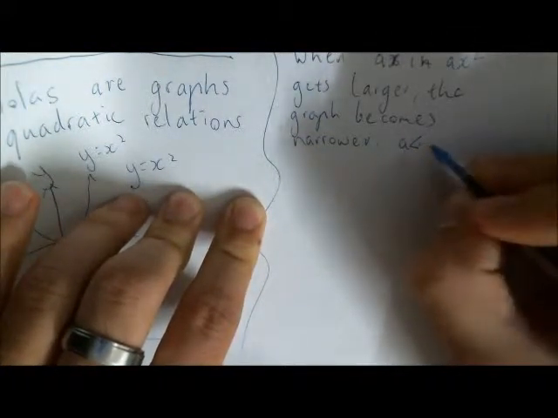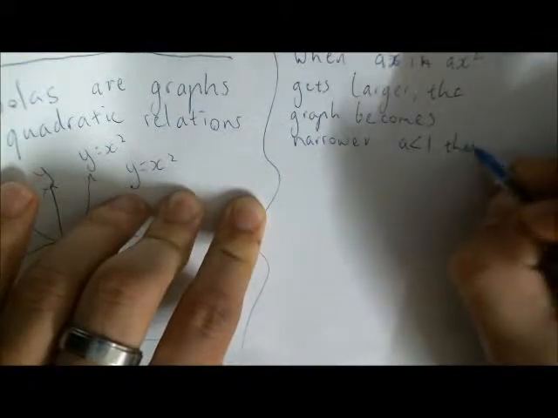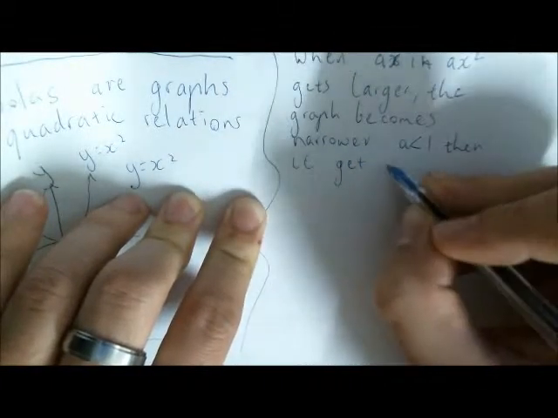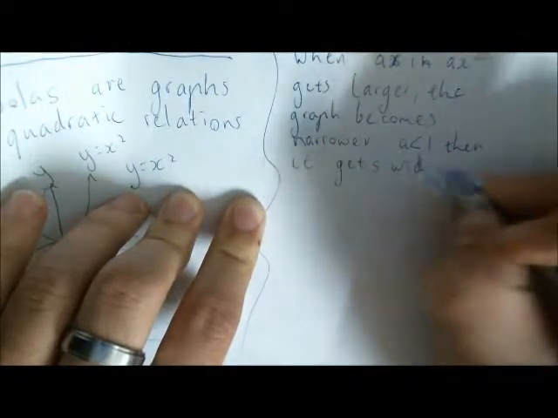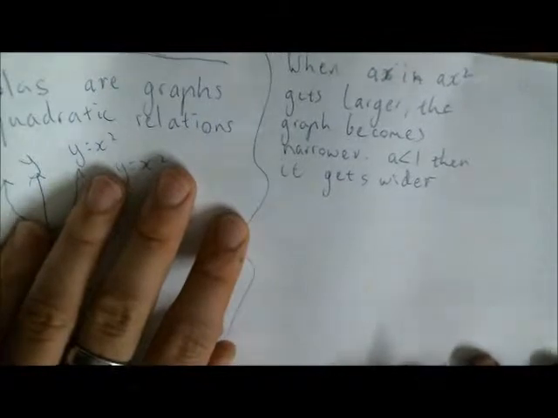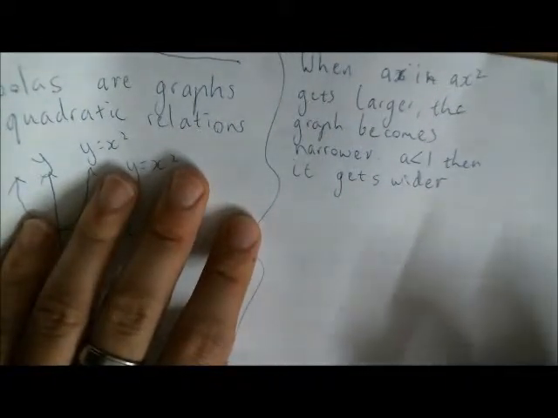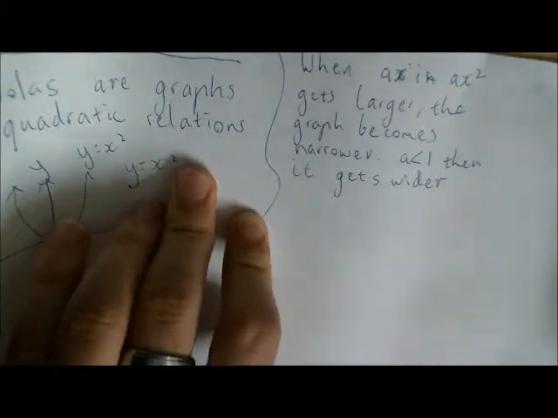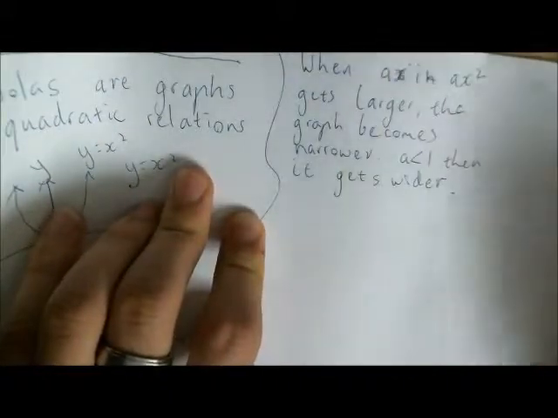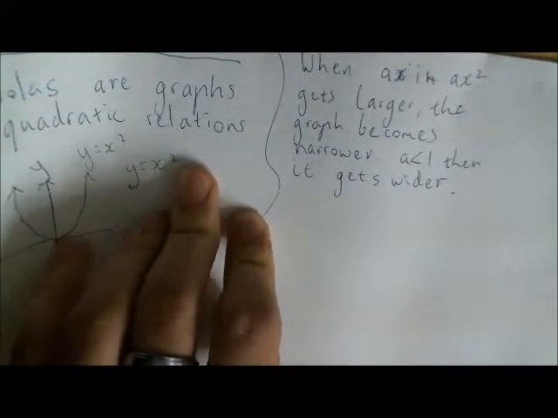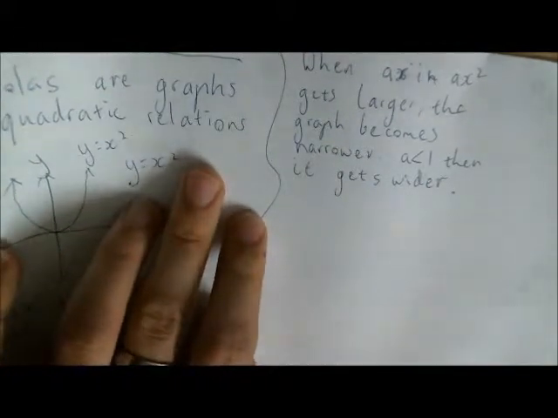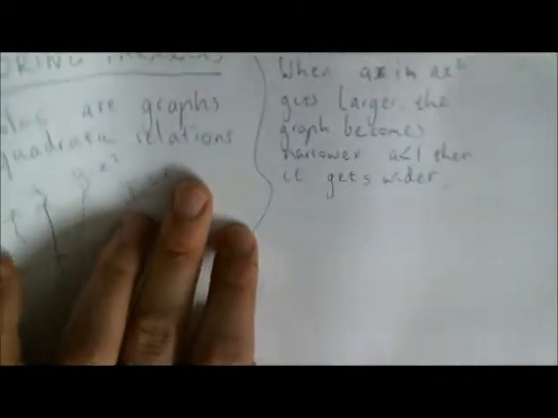If a is less than 1, then it gets wider. Alright. So when we manipulate the number in front of the x squared, or the coefficient of x squared, it changes how narrow and wide it is.